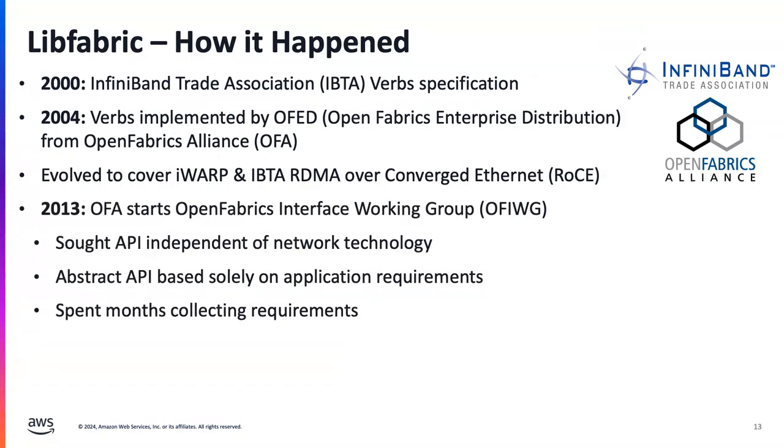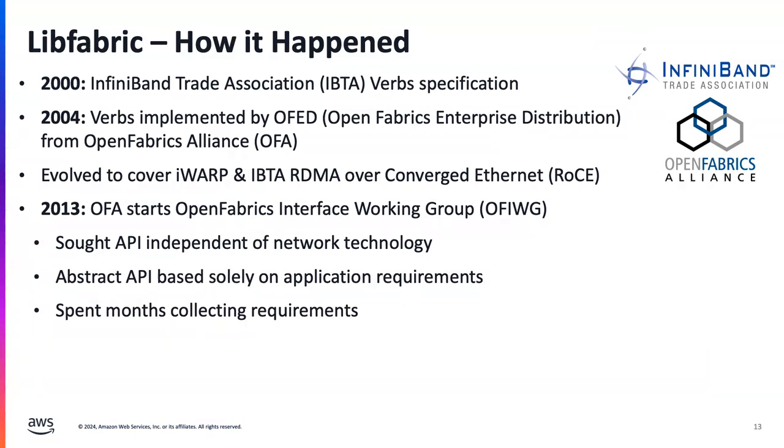So in 2013, the OFA started the Open Fabrics Interface Working Group. And their goal is to try to find an API that was really independent of the network technology. Because by now there's InfiniBand, there's Ethernet, and there are like a handful of other high performance computing networking technologies.